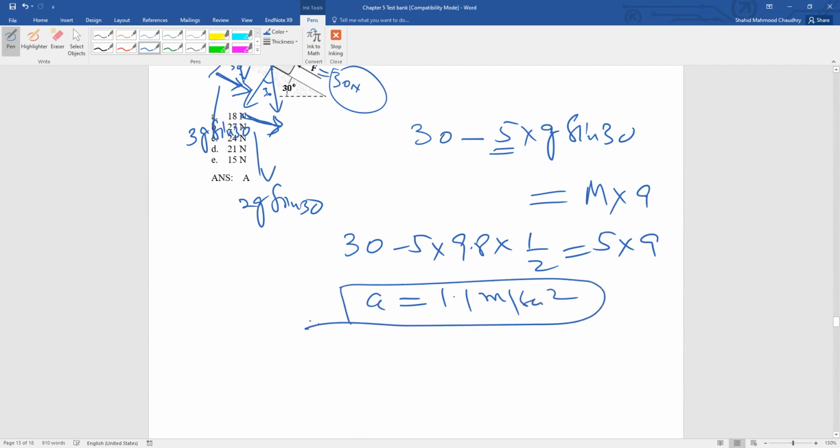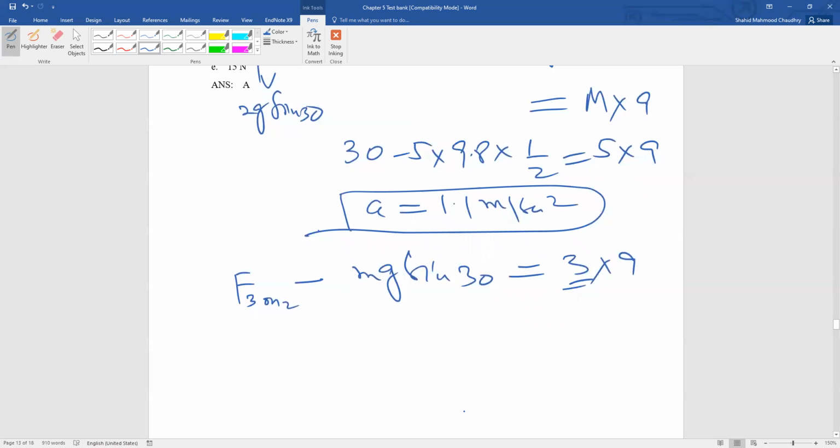First we needed the acceleration. Now we want to find the force of 3 on 2 or 2 on 1. To find this, you have to apply the equation: minus mg sine of 30 is equal to 3 into a. I have taken the second mass because the second mass is exerting force on the first mass. So you can find 3 on 2 is equal to mg sine of 30 plus 3 into a.